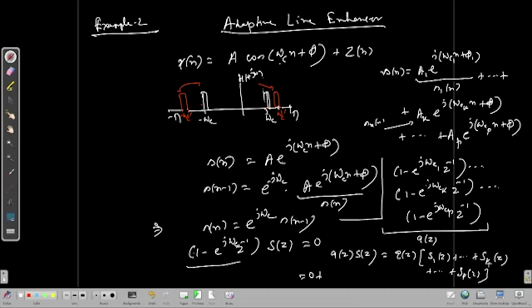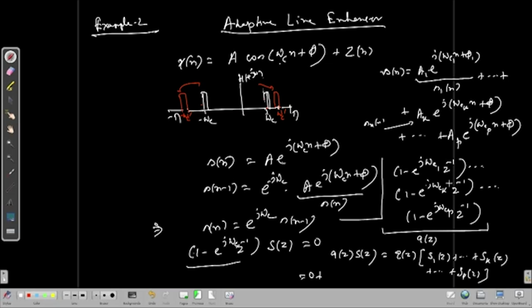dot dot dot, say you consider Skz, this guy. When I am multiplying Skz by this Qz, Qz times Skz, I will pick up this polynomial 1 minus e to the power j omega c k z inverse. I will bring it to the front, and that polynomial will first work on Skz, and that is 0. So, whole product is 0.